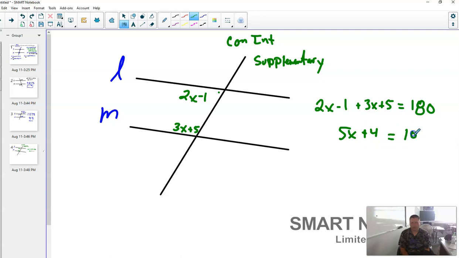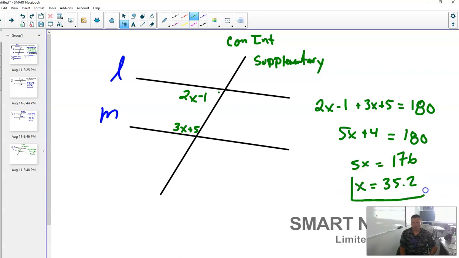And that has to equal 180. I can subtract the 4 over, which gives 176, so 5x equals 176, and then divide by 5, and x is 35.2. That's what x would have to be to guarantee those lines are parallel.